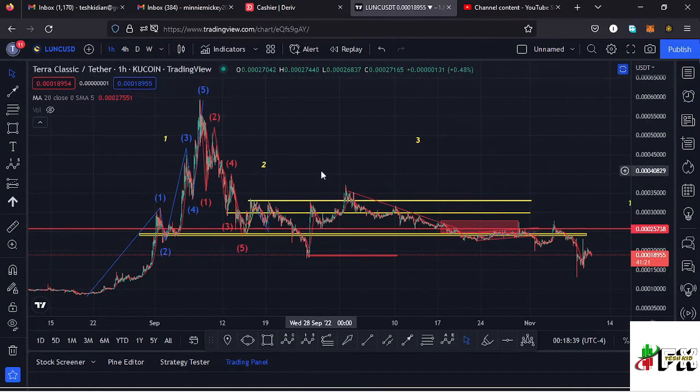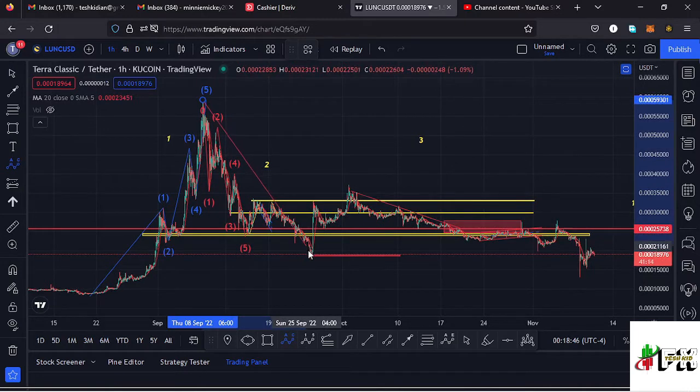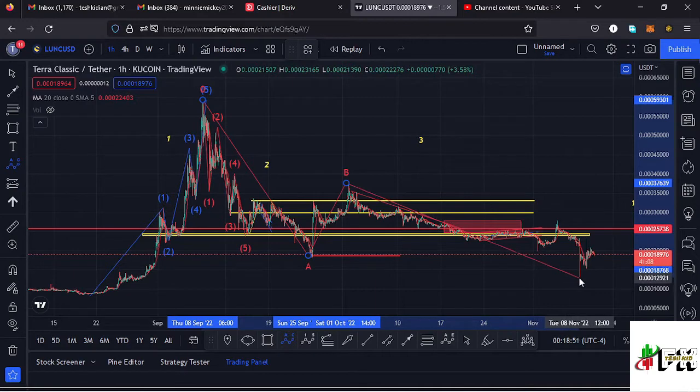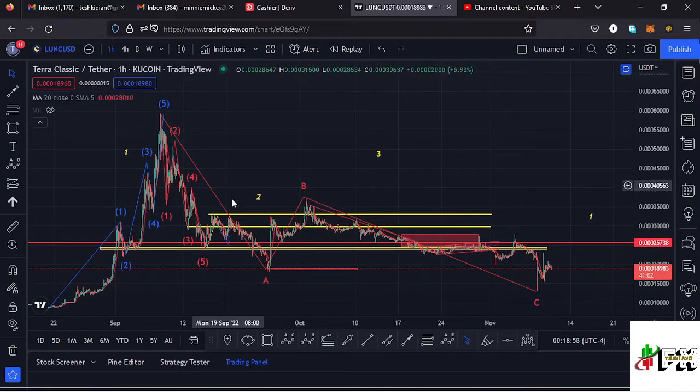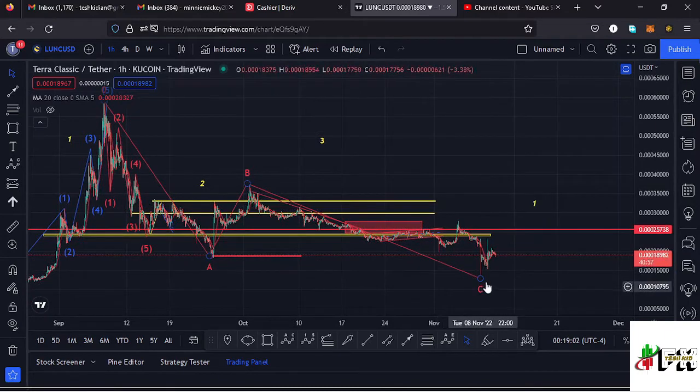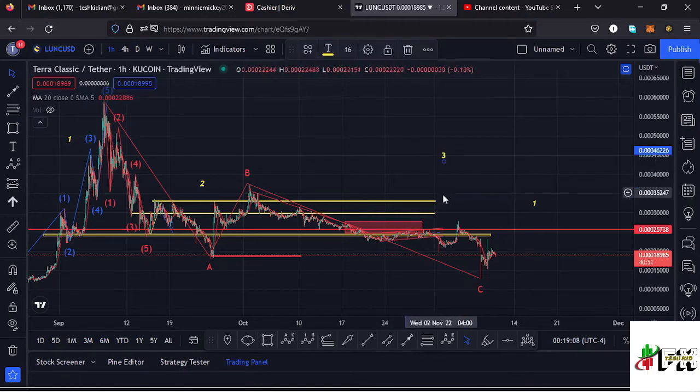We can view this movement as a massive ABC corrective movement, having this as the wave A, then a wave B, then we continued pushing low in the formation of our wave C, which I believe is now the new low for that higher Elliot wave count 2. Holding that this might be the low for that higher Elliot wave count 2, what I'm expecting next is the formation of a higher Elliot wave count 3 to the upper side.